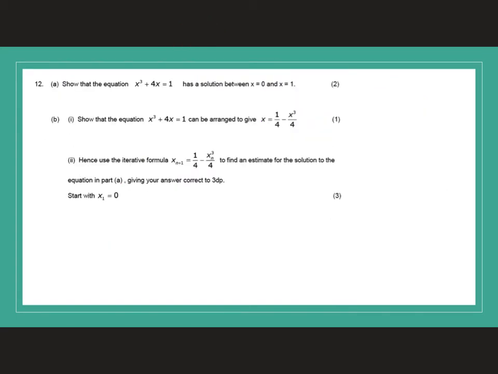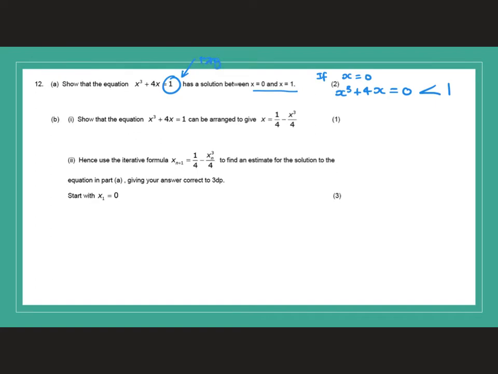Question 12, some iteration here and some poor answers for the first part. Show that this equation has a solution between x equals 0 and x equals 1. Now, if x equals 0, we know that x cubed plus 4x is equal to 0, and this is less than 1. Look at our target.